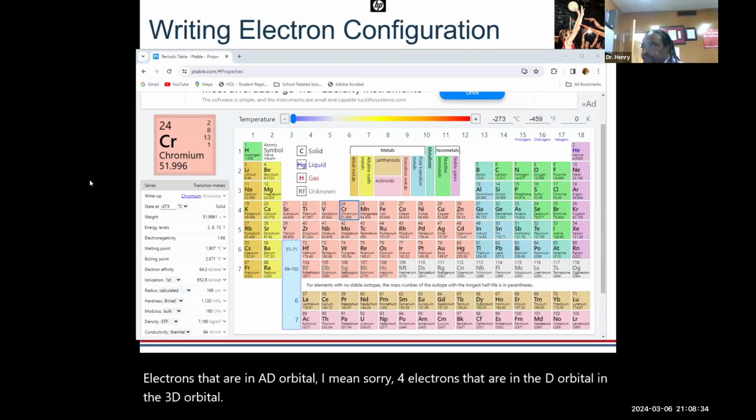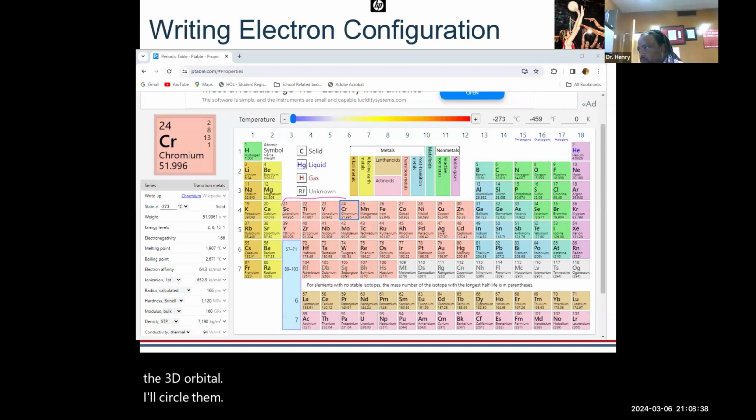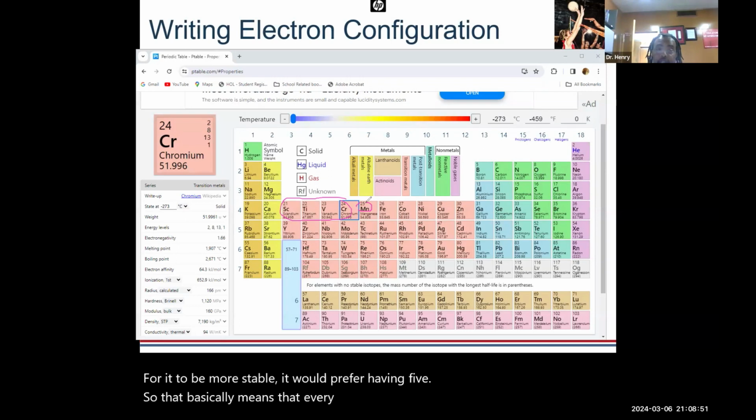Circle them. For it to be more stable, it would prefer having 5. That basically means that every orbital has an electron in it, not filled, but have an electron in it. So it'll make the atom more stable.